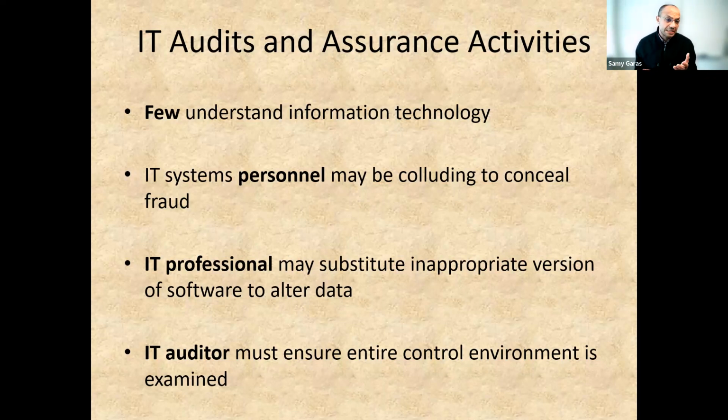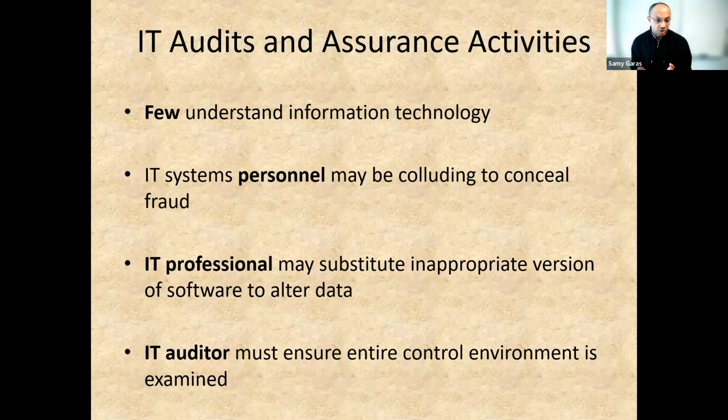And how can they do that? As I mentioned earlier, they can substitute an inappropriate version of software to alter the data. And this is pretty flexible now. If you have good experience with the software, you can change the process of the data to manipulate the output and make it appealing to the users.